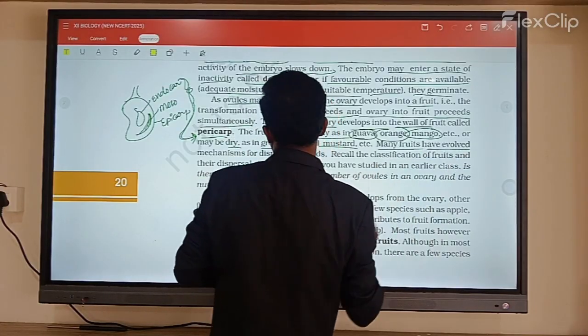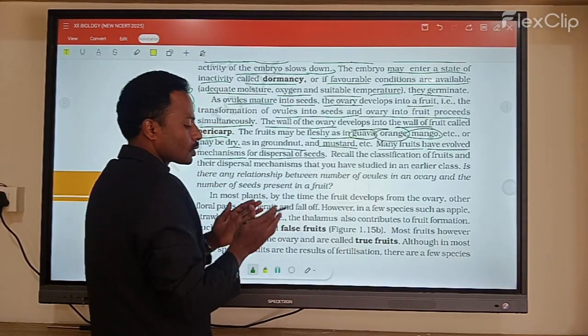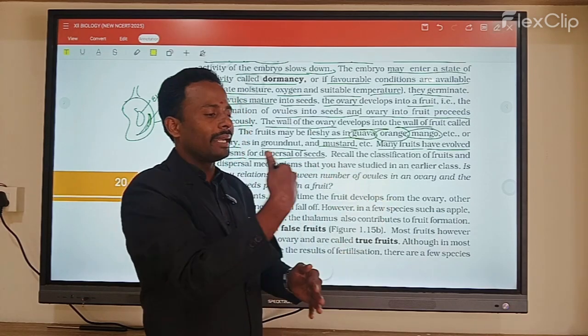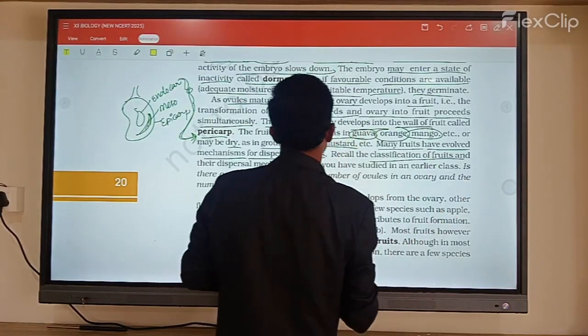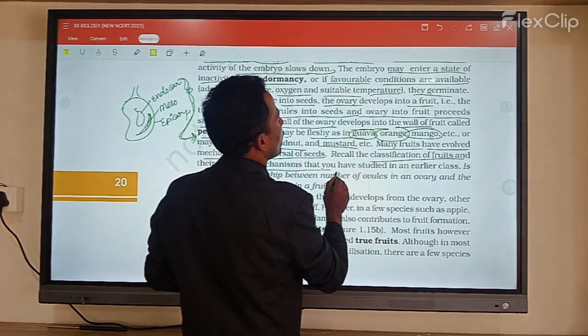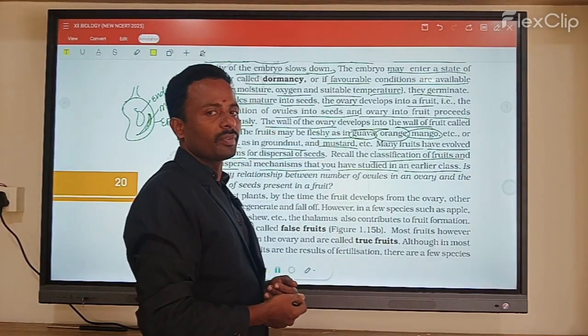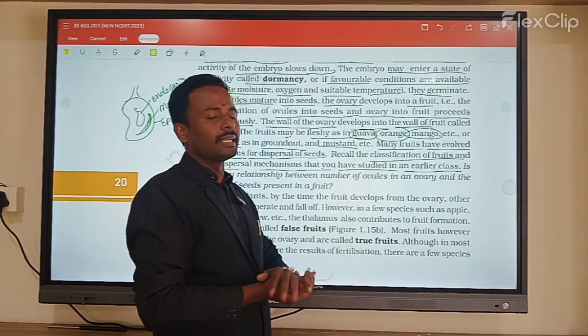Many fruits have evolved mechanisms for the dispersal of seeds. So when the fruit matures, the seeds are dispersed through dehiscence. Recall your classification of the fruits and their dispersal mechanisms that you studied in the earlier class. We already discussed in the morphology chapter the dispersal of seeds.